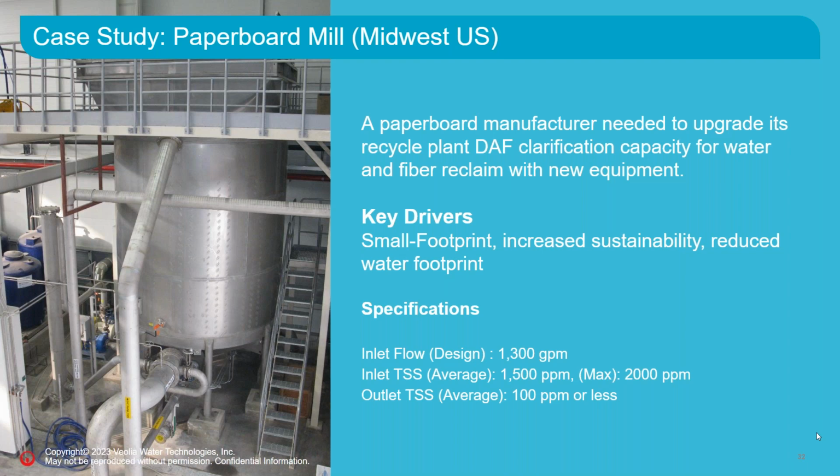The inlet TSS averages about 1,500 ppm, peaks up to 2,000 ppm, and the DAF will provide clarified water at 100 ppm or less of total suspended solids, which can be recycled within the plant for reuse and dilution in the recycle plant.